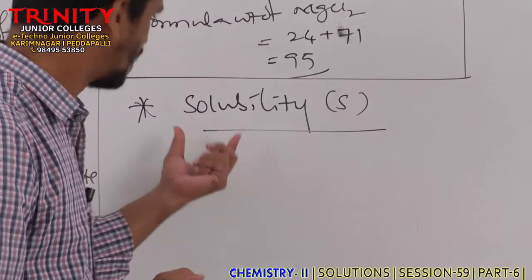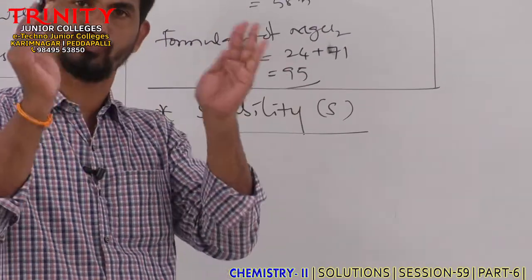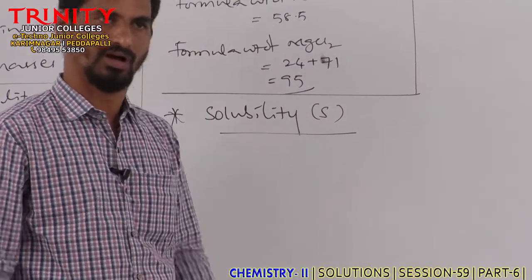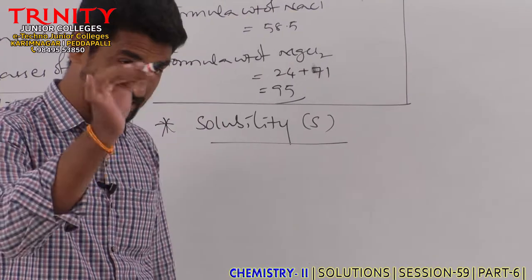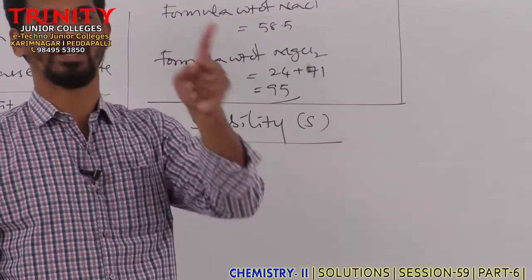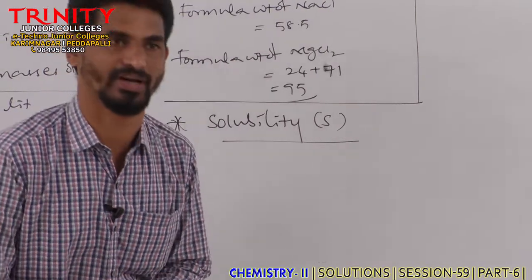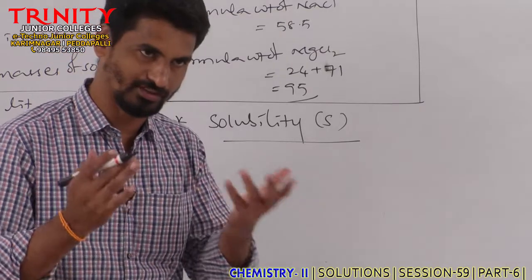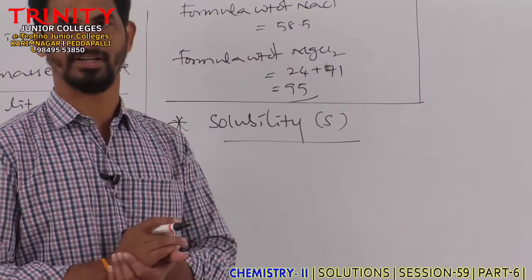Solubility can be defined as the maximum amount of solute, or the maximum gram weight of solute, that can be dissolved in 100 grams of solvent to form its saturated solution. To form its saturated solution is called what, sir? That is solubility.